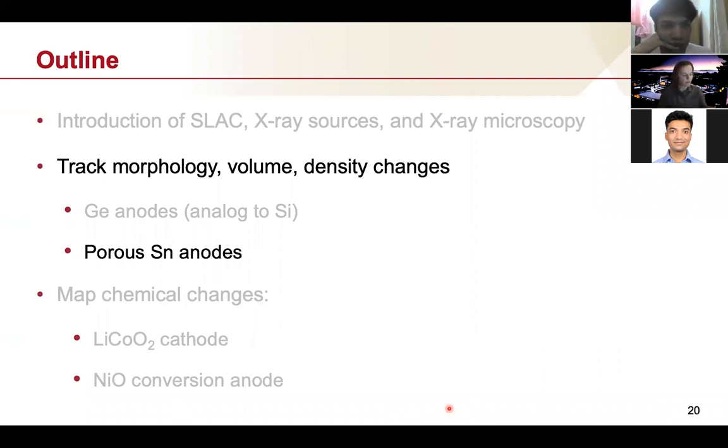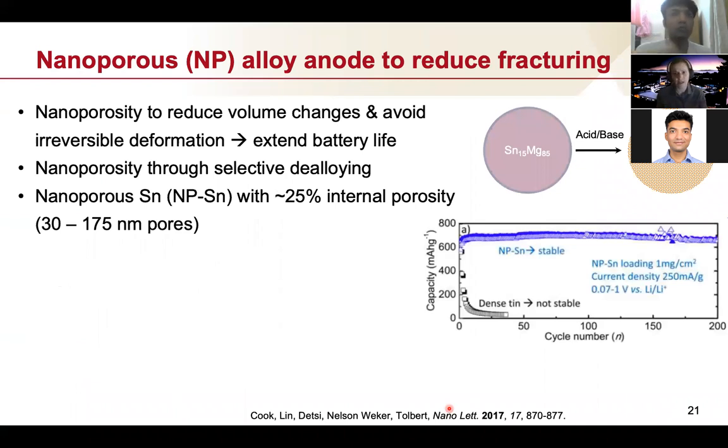So that was a fairly old paper, so I wanted to show you what we're doing now as a follow-up, and we're looking at tin. Tin is also a good alloying anode. It's maybe more easily gotten out of the ground than germanium, but it suffers from the same problem.